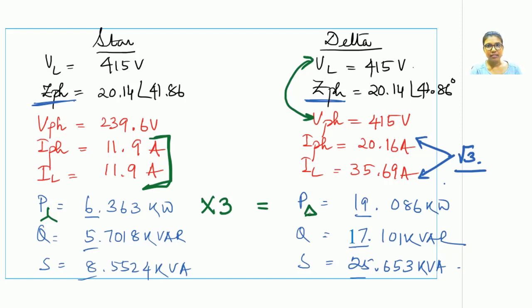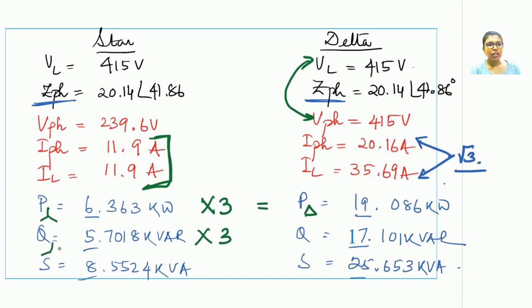Yes. If you multiply 6.363 with 3, you will obtain the real power that was obtained for a delta connection with the same Z phase value.